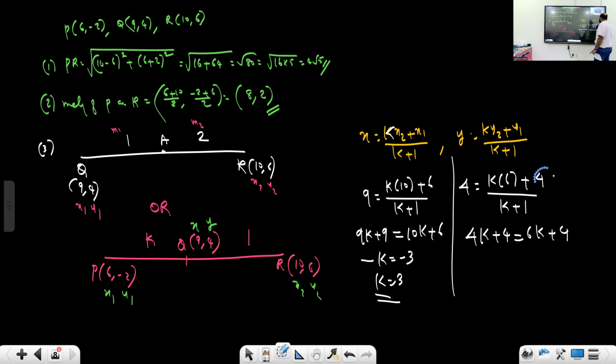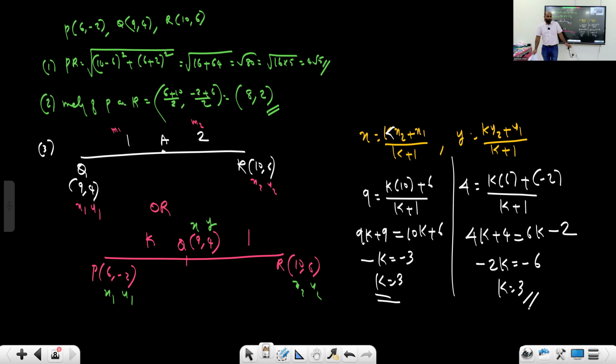Yeah, it is minus 2. So 4K minus minus 2K equal to minus 6. Here also what we got, K equal to 3. What's the ratio? Therefore required ratio 3:1. For the exam you no need to do both, but if it is asked like that also we have to manage. Don't think exactly the same question they will ask. Today when I was discussing a 12th standard question, one motorcycle question, I discussed the same question with same values, and by rearranging also they asked one year. So any possibility we have to expect.